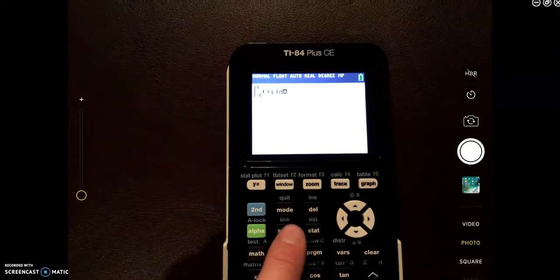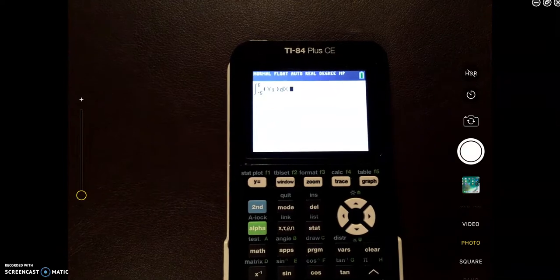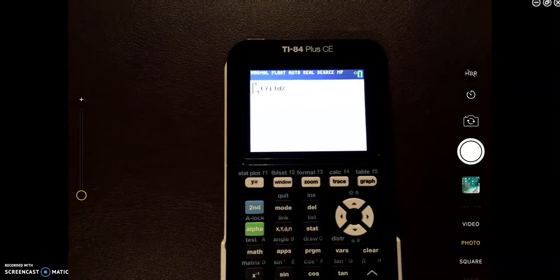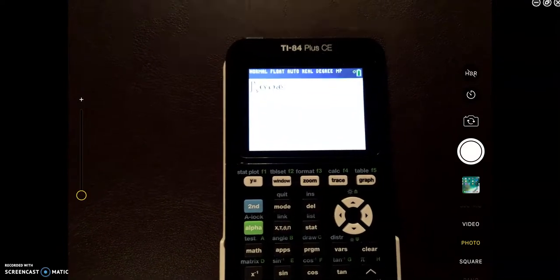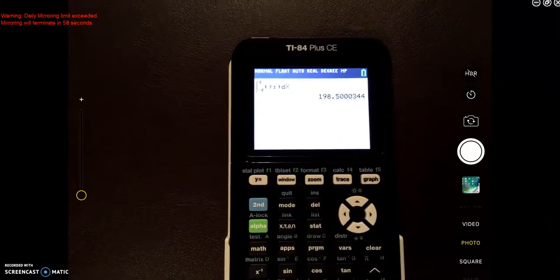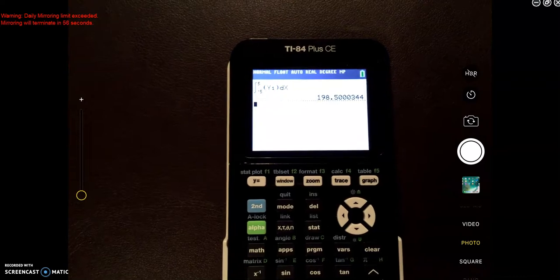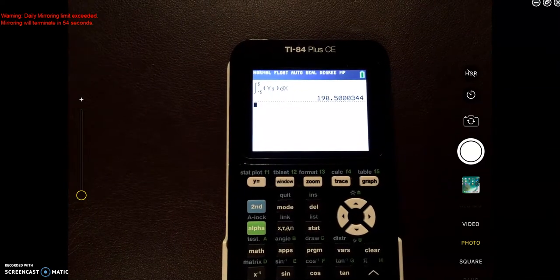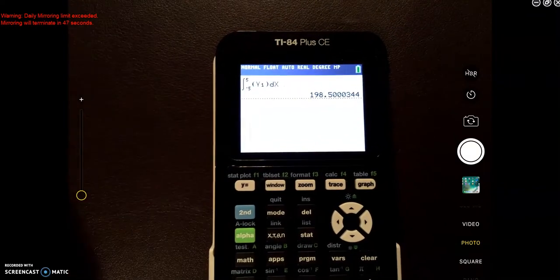So what are we integrating with respect to? With respect to x. And I push enter. And you see it's thinking. It's working very hard. 198.500034. And see, that's actually a slightly more precise value for the integral.